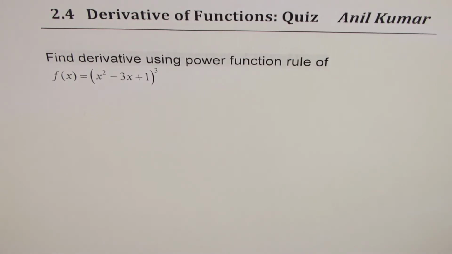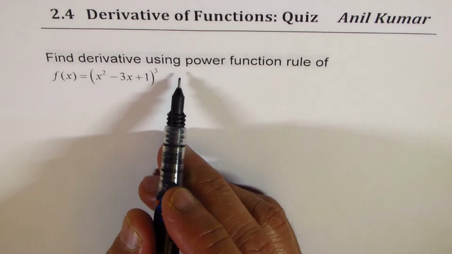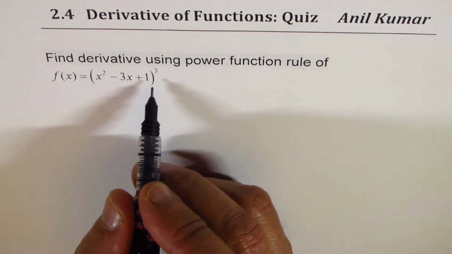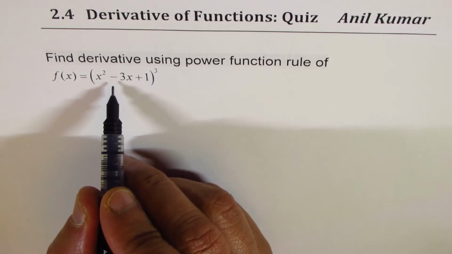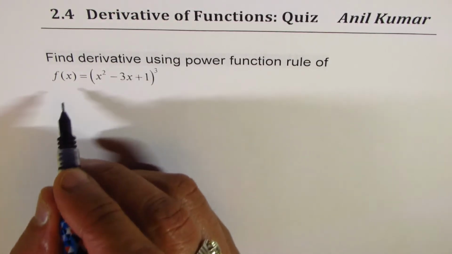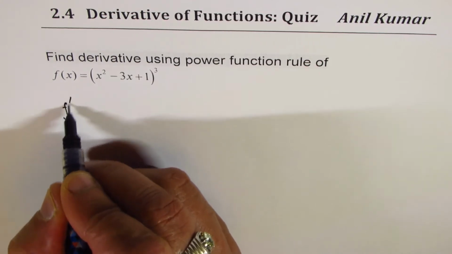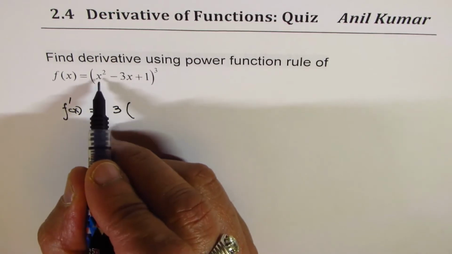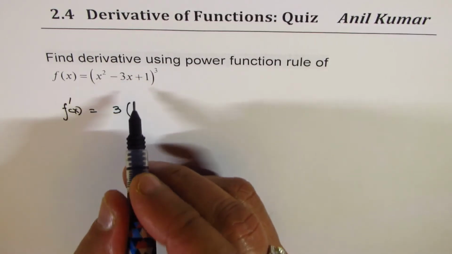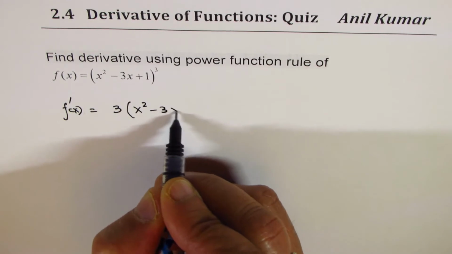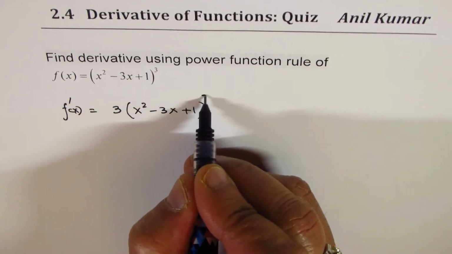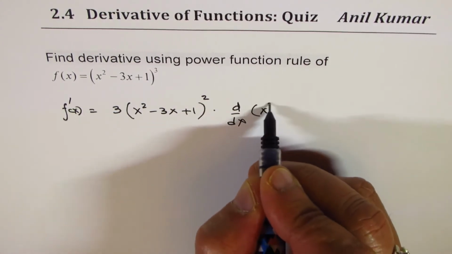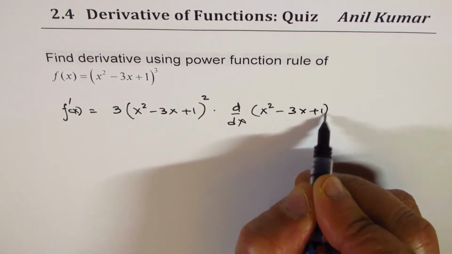The next function here is find the derivative using the power function rule. F of x is given to us. Now, here we have to multiply by the derivative of the inside function, right? So we could write the derivative of this function as 3 times, so we are applying the power rule first, which is x squared minus 3x plus 1 whole square times the derivative of the inside function, which is x squared minus 3x plus 1, correct?